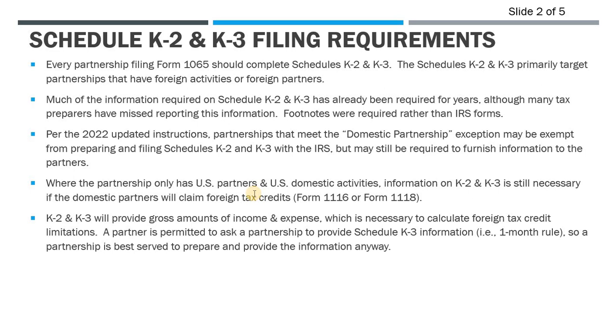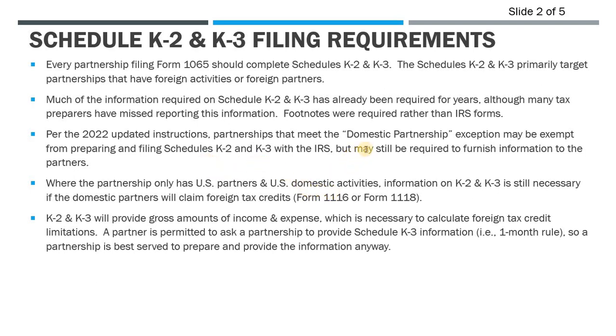This is information that's always been necessary and should be reported, but there was no prescribed form to be able to do that. So tax preparers had to just footnote a lot of these details. And the nice thing about the K2 and K3 now is we don't have to come up with our own types of footnotes. We can just use the K2 and K3s. So I think they're quite great for that reason.